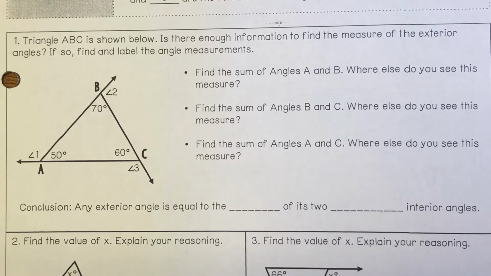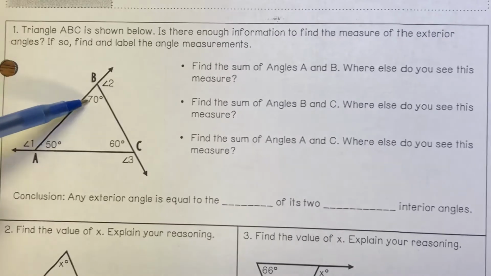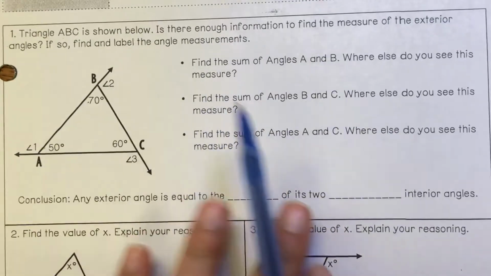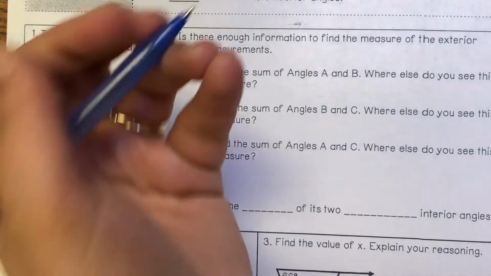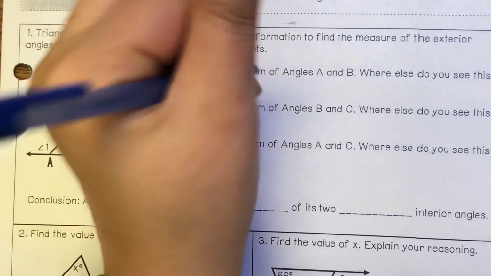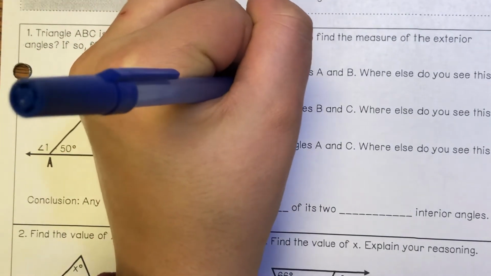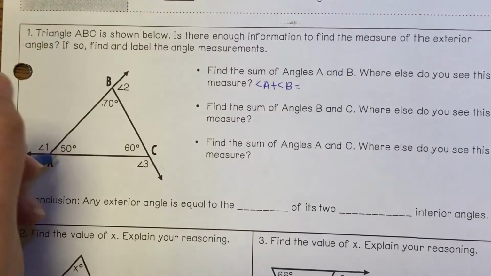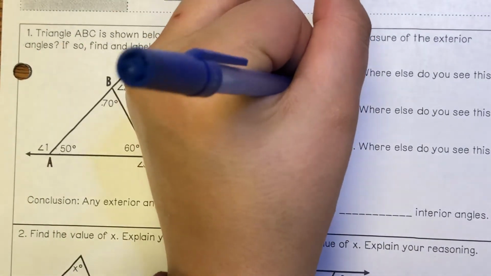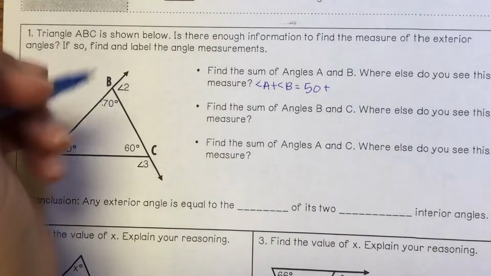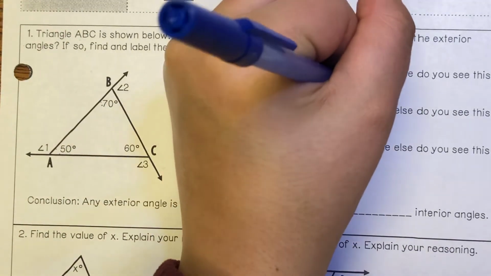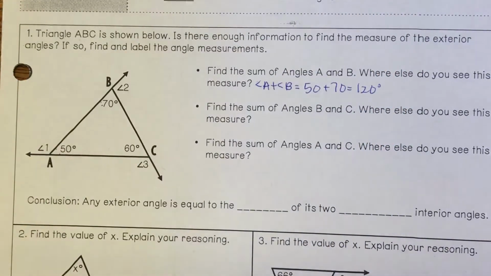It says the sum of angle A and angle B. Right here, angle A is 50 and angle B is 70. So angle A plus angle B, 50 plus 70, I get 120 degrees.